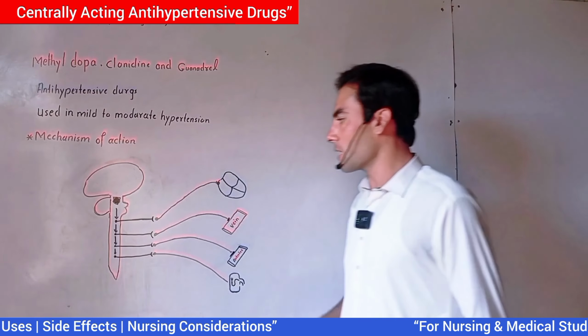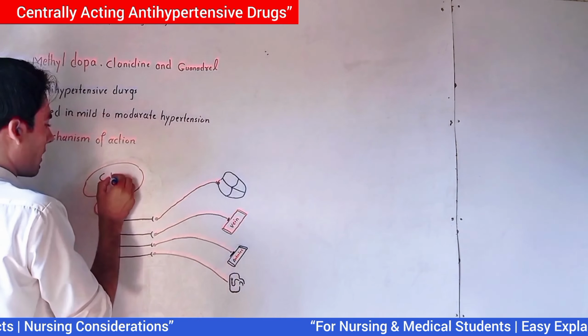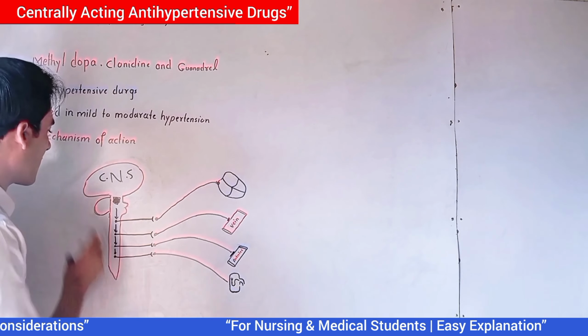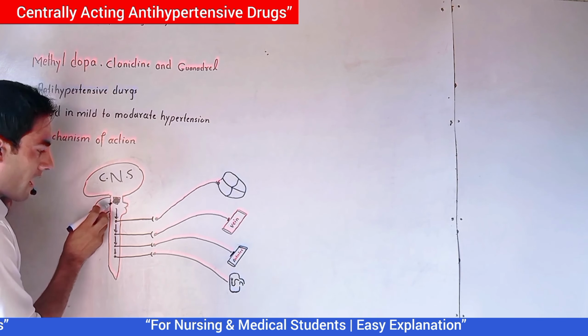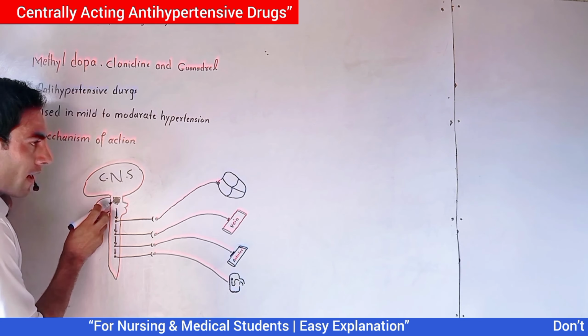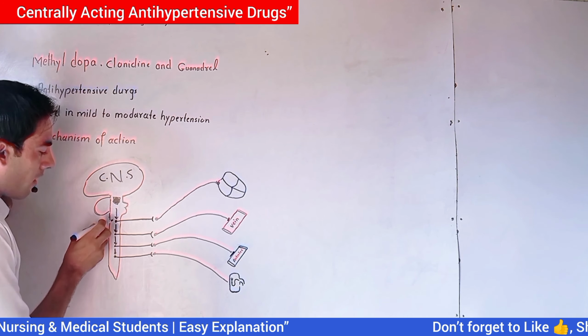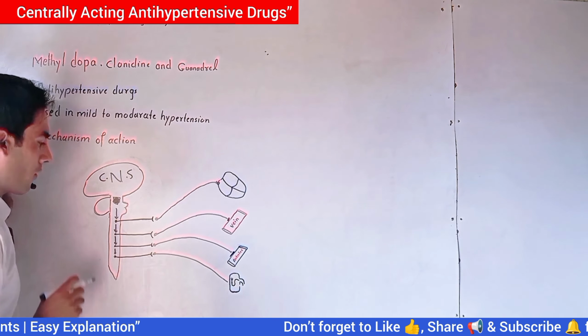So let's suppose this is the central nervous system and it consists of the brain and spinal cord. And this is the vasomotor area or center in the medulla, from where the nerve fibers come down and stimulate the thoracolumbar outflow.